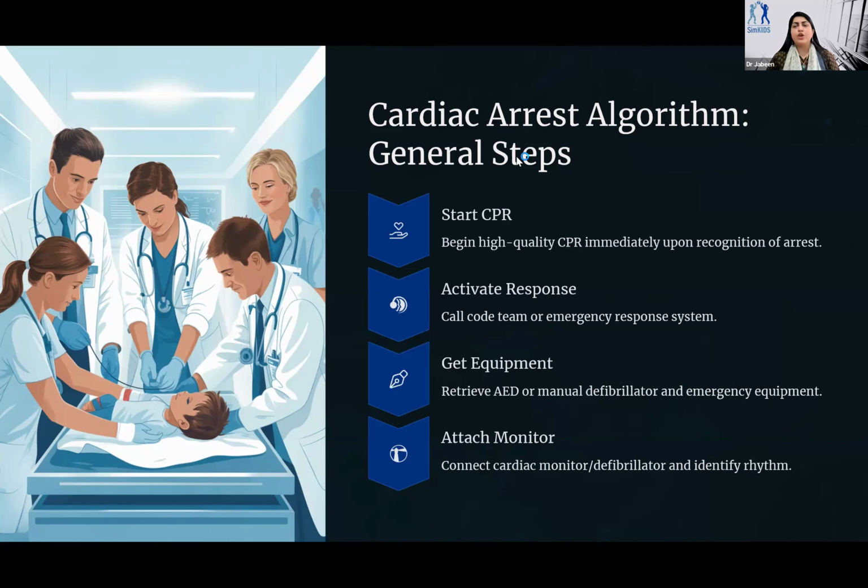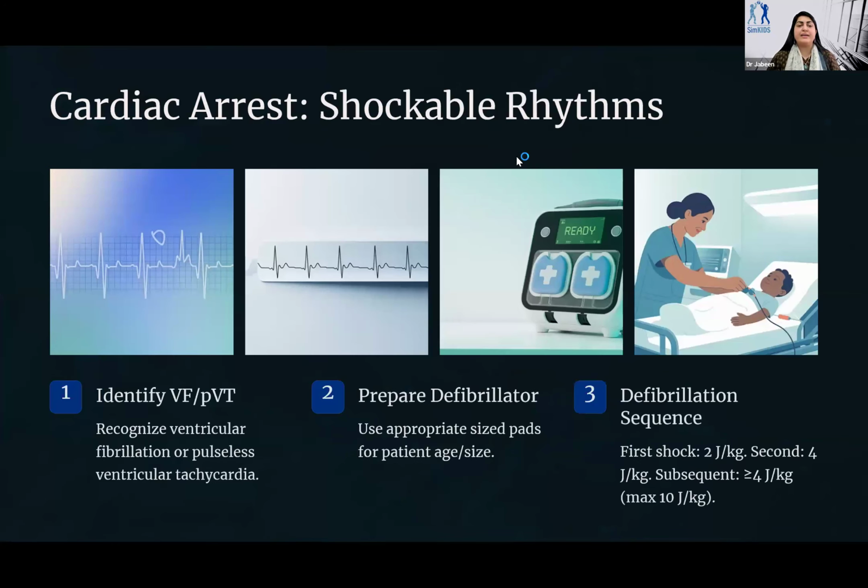Activate them, get your equipment, either AED or defibrillator, attach the monitor or do an ECG, whatever is possible, to identify the rhythm, which is very important. You can have either ventricular fibrillation or pulseless VTach, or it could be asystole or PEA, and their management is very different.